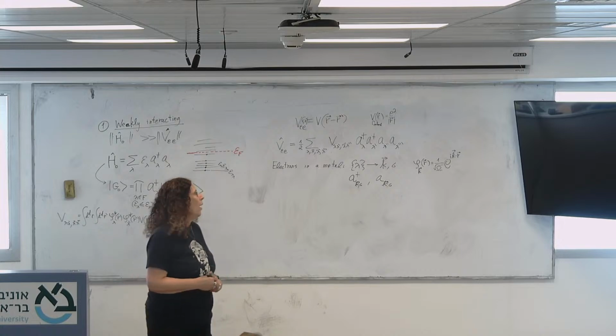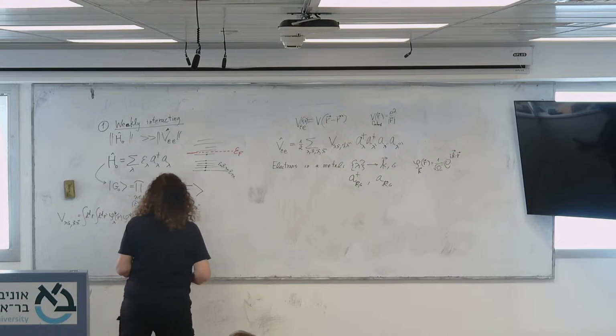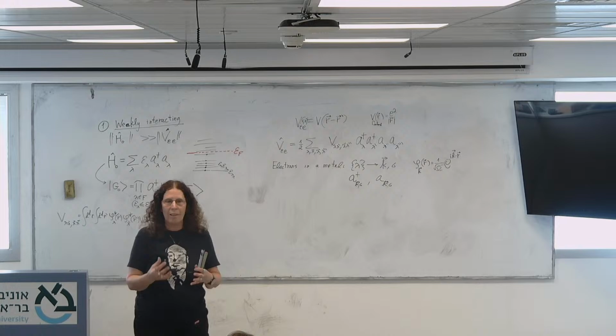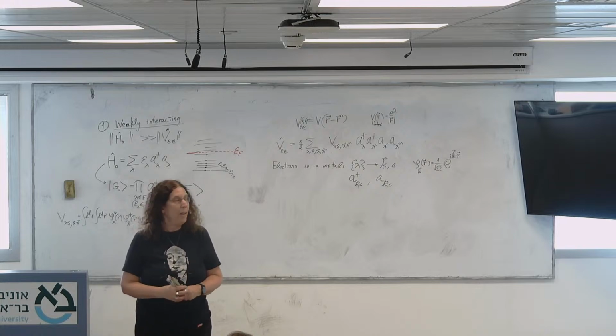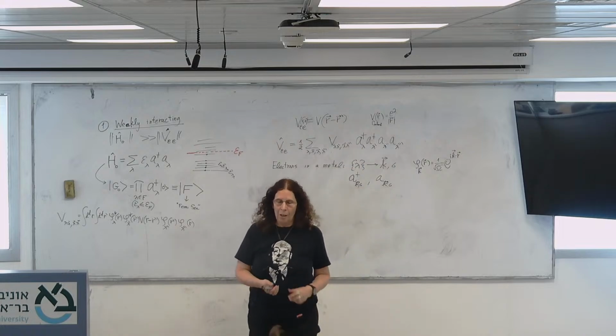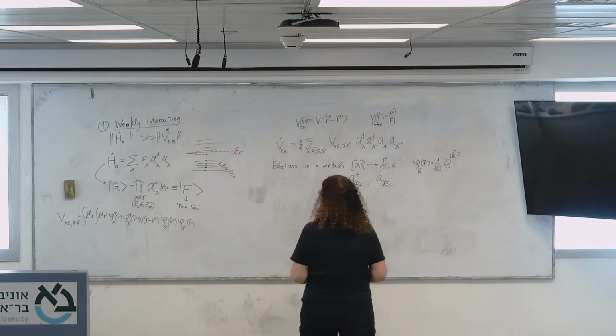Okay? And the result of the integral will be nothing but a Fourier transform of the potential V of R. Okay? So let me show you what is the result.